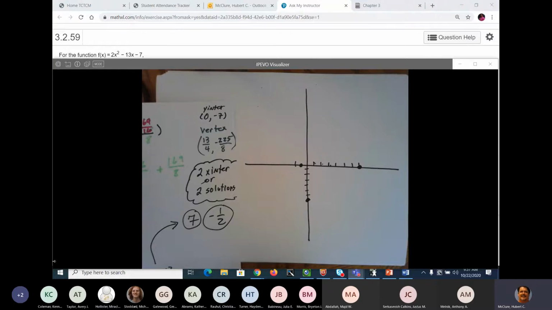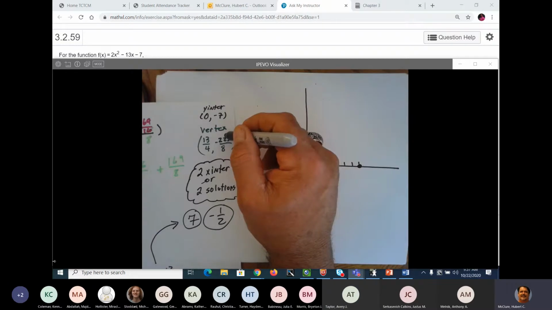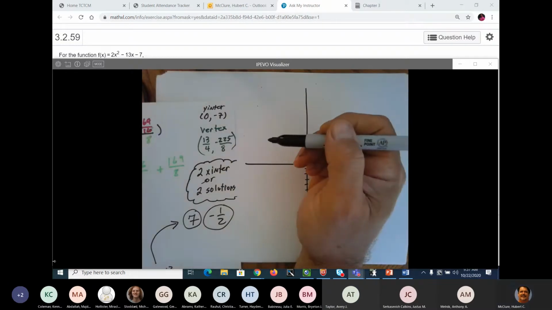That's not right. Something's not right. 2.75 is not right. No, it'd be less. 8 will go into 22 two times, so it's 20 something.